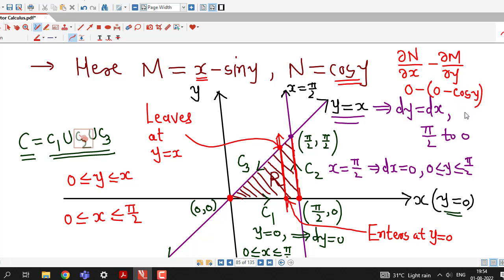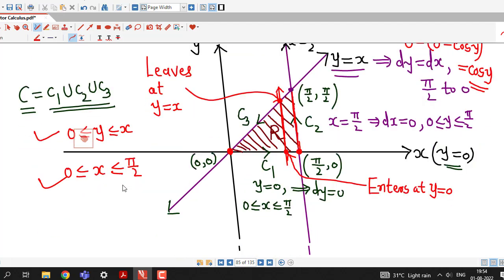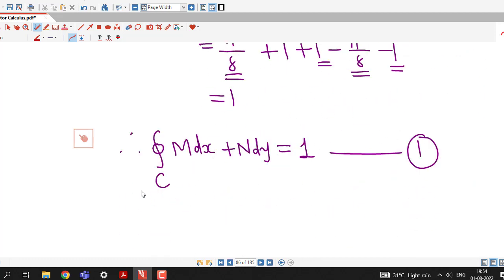Derivative of sin y is cos y, and this minus minus plus, therefore this quantity del n by del x minus del m by del y becomes cos y. So we have to integrate this function cos y over this region, for which limits of integration we have obtained as y from 0 to x and x is from 0 to pi by 2.